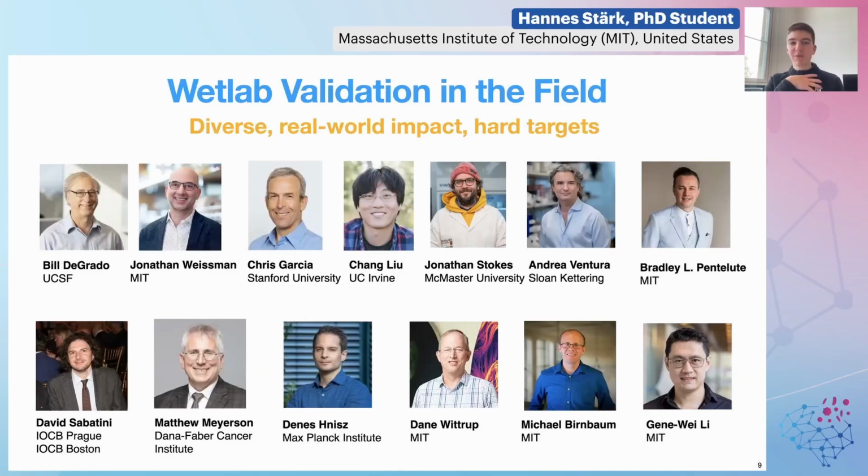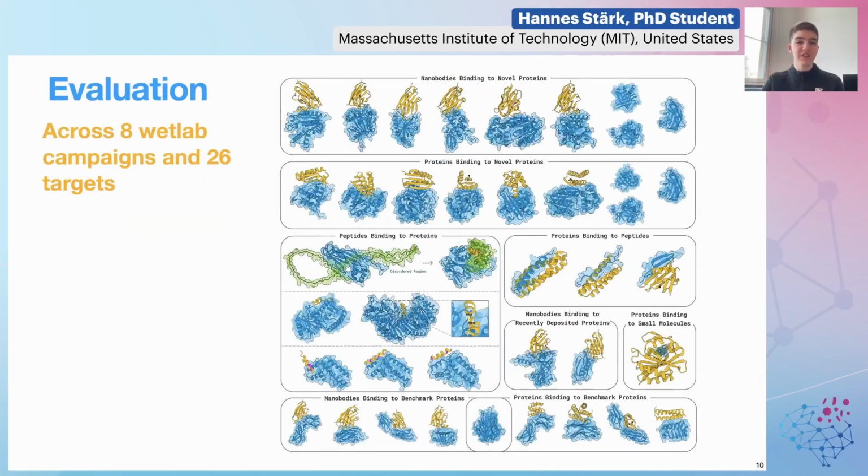We do this in collaboration with by now more than 26 wet lab collaborators, of which 8 campaigns have already finished. This gives us results across 26 targets, which I'm happy to show you later. But now back to the model.